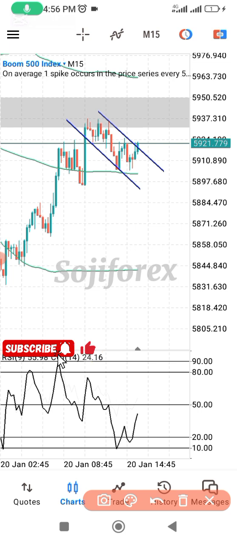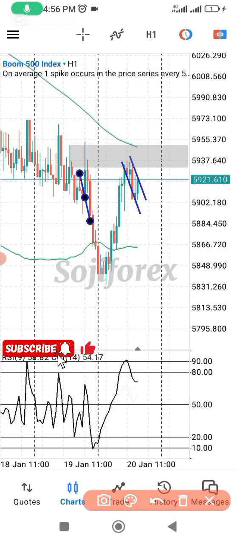When the 15 minutes gets to this upper Bollinger Band, the 1 hour will have pulled to this middle Bollinger Band. Then maybe we'll have divergence and price will continue to the downside. So this is what I just discovered and I thought it wise to share with you.